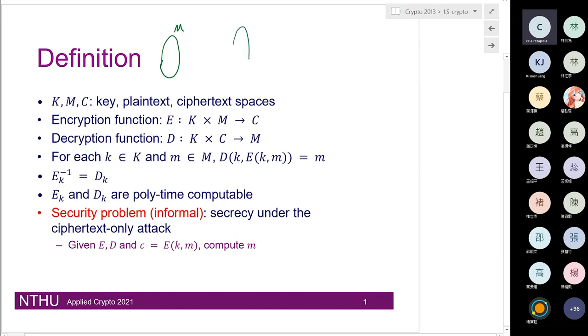We show the message space as a set, and we have a ciphertext space that would cover all the elements that are ciphertexts. We normally take the message space and the ciphertext space to be equal, and we show them as 0s and 1s of n bits, right?